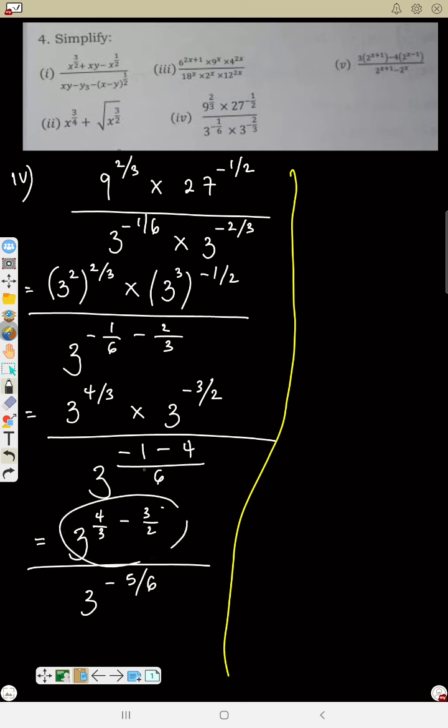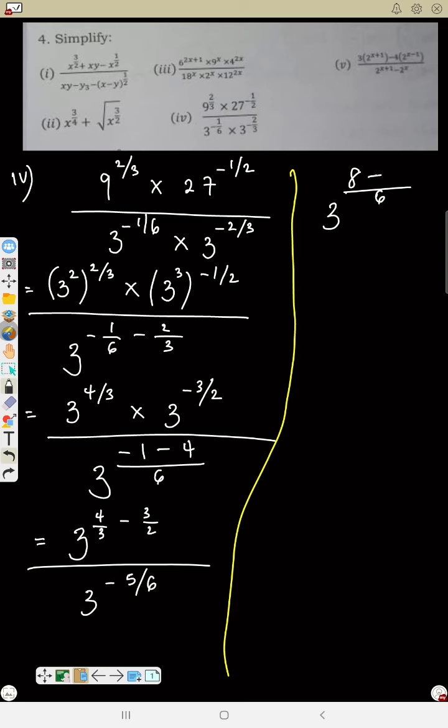Now for the up one, we can have 3 raised to power LCM, there is 6, as in LCM is 3 and 2. So 3 in 6 is 2. Then 2 times 4, 8.